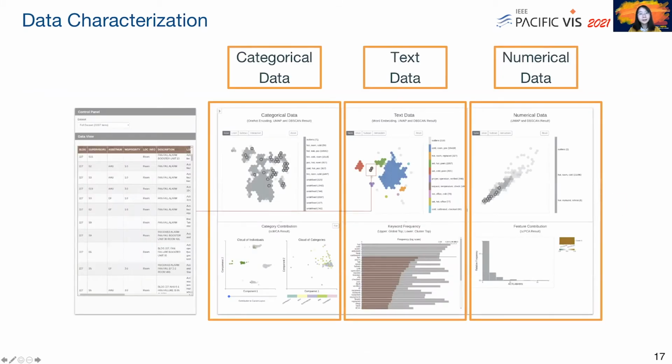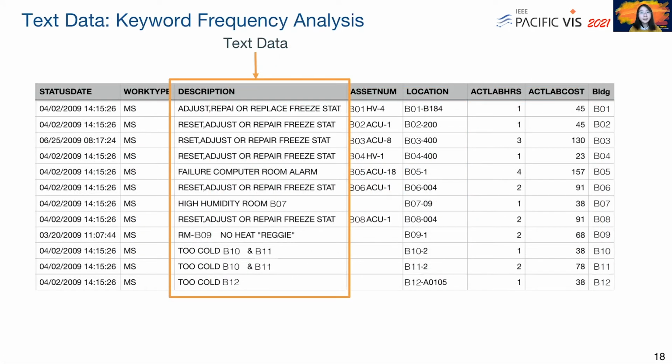If you look at our dashboard vertically, you will find that for each type of the data, we design two panels for them. The projection view on the top and one special supplementary view exactly below it. I will explain the specific algorithm and visualization we choose for each type of the data one by one.